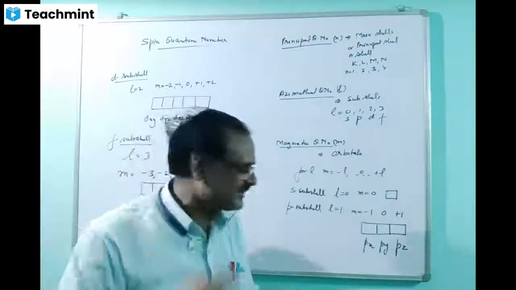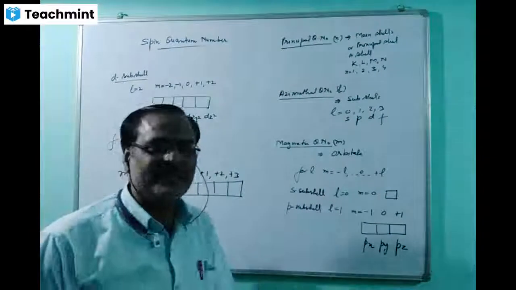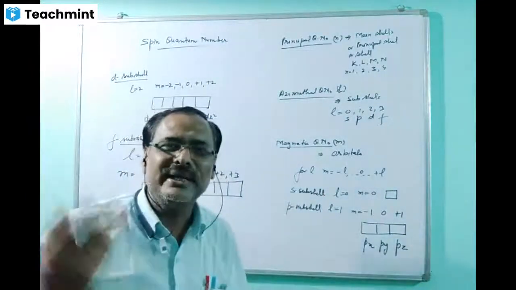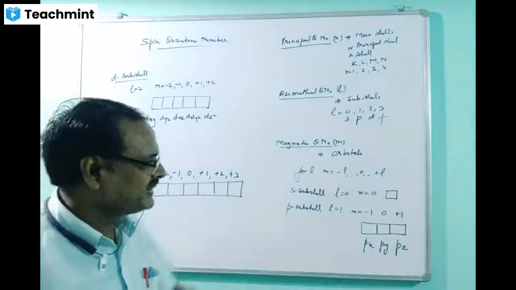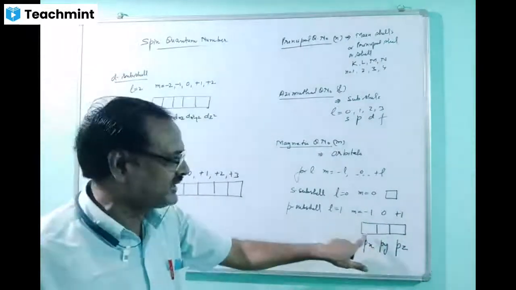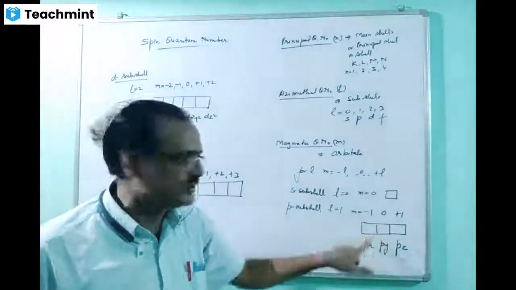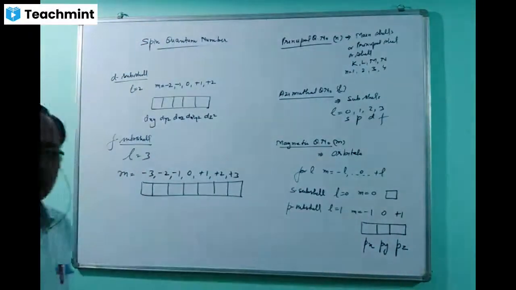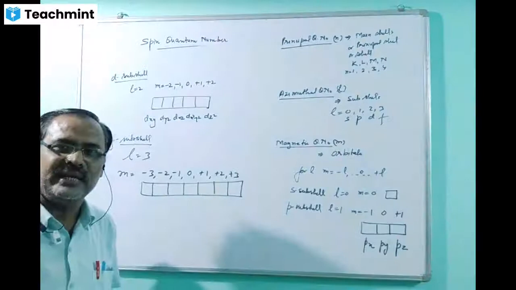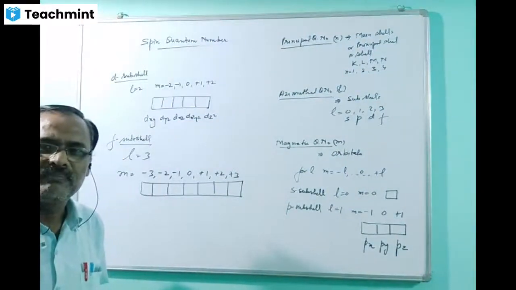Yes, correct. In the P subcell, how many electrons can be filled? 6. Yes, absolutely correct. Just see, 3 orbitals are there, 3 times 2 is 6. In the same way, in the D subcell, how many electrons can be filled? 10.